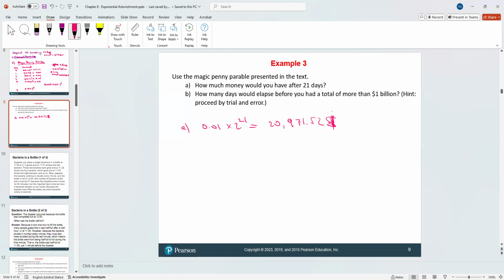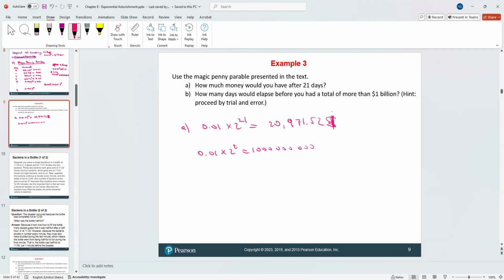All right, so that's what we're going to have after 21 days. So how many days would elapse before you had a total of more than $1 billion? You can do trial and error for this one if you want to, but if they ask you how many days it would take, first of all, I know 0.01 times 2 to the power t, and I need to get 1 billion.